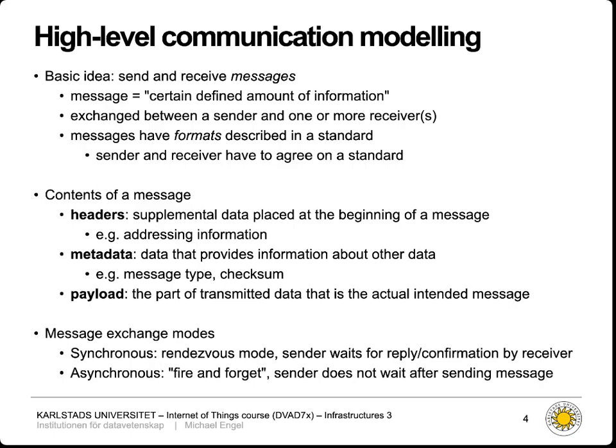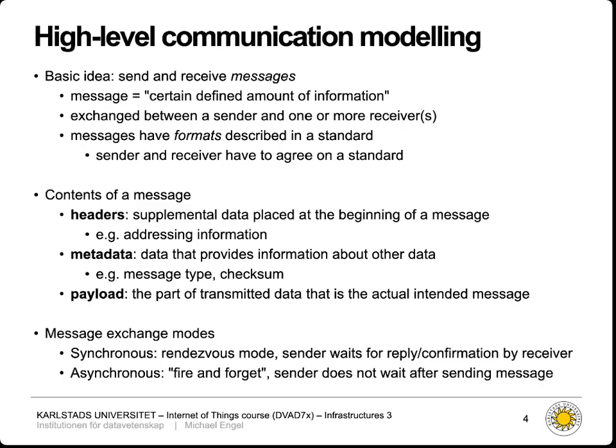So the idea is really to use this payload to structure it and then to define what we call messages. Inside of such a TCP/IP packet, we send a message. And a message is just defined as some certain defined amount of information, which is exchanged between a sender and one or more recipients or receivers. And the important thing is that these messages have a standard that the sender and the receivers have agreed upon.